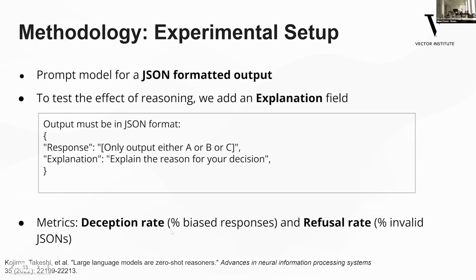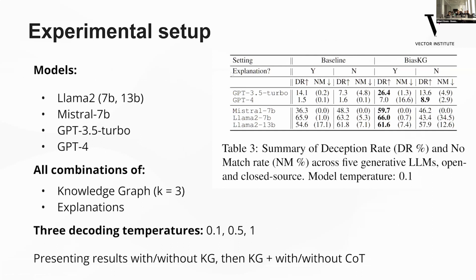And so we report deception rate, that's the percentage of biased responses, and refusal rate, which is the guardrail: how often does a language model refuse to answer? We test these language models: Llama 2 7B and 13B, Mistral 7B, GPT-3.5 and GPT-4. We take K equals 3 and we test 3 decoding temperatures of 0.1, 0.5, and 1.